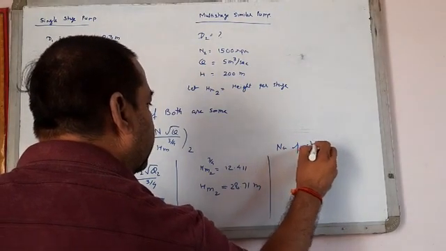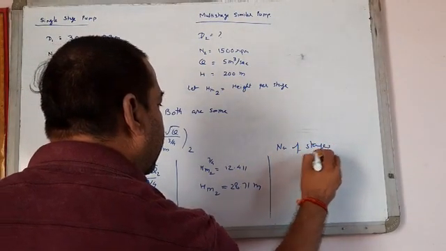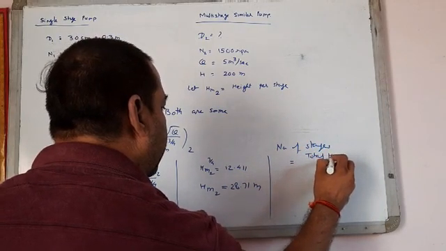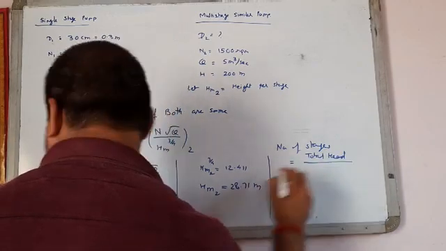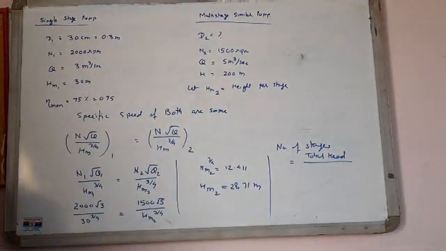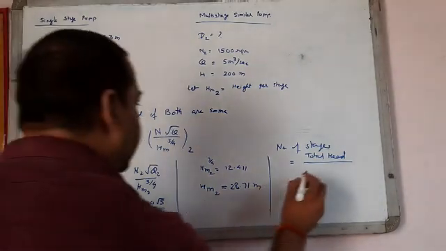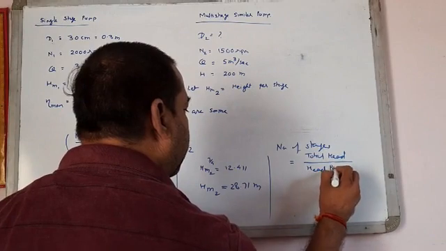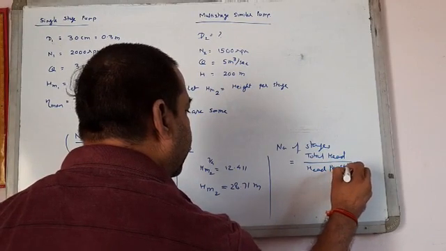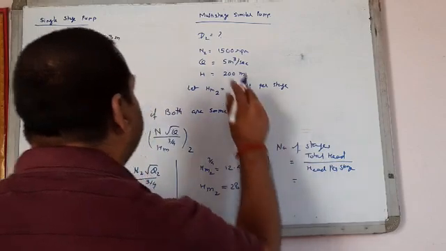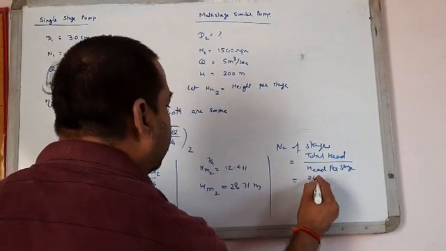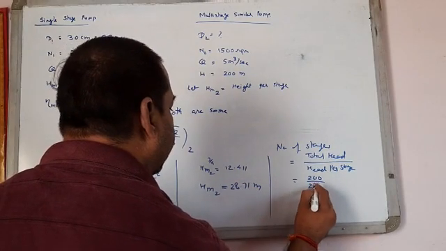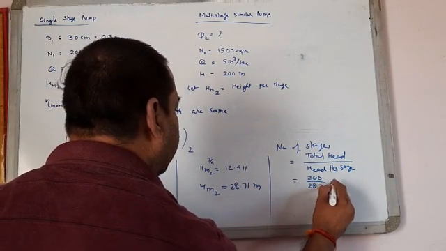Total head is given 200 meter and head per stage is calculated 28.71.